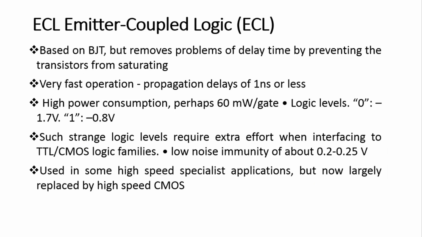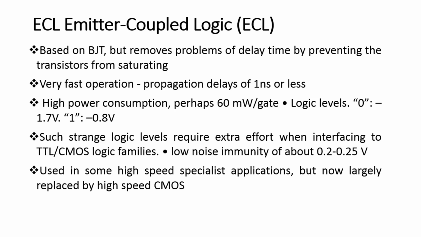Next one is ECL, emitter coupled logic, based on BJT but removes the problem of delay time by preventing the transistor from saturating. Very fast operation, with a propagation delay of 1 nanosecond or less. High power consumption, perhaps 60 milliwatt per gate. Logic level 0 is -1.7 volt and logic 1 is -0.8 volt, negative.